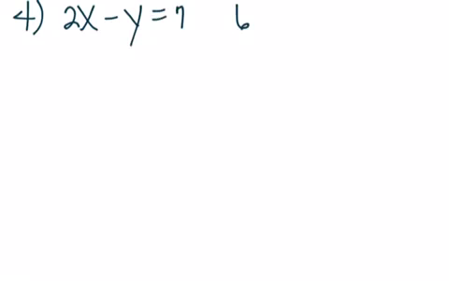If you would look at number 4 now, the equations on number 4 are 2x minus y equals 7 and 6x minus 3y equals 14. Well, like we did on the previous problem, there is a y by itself.